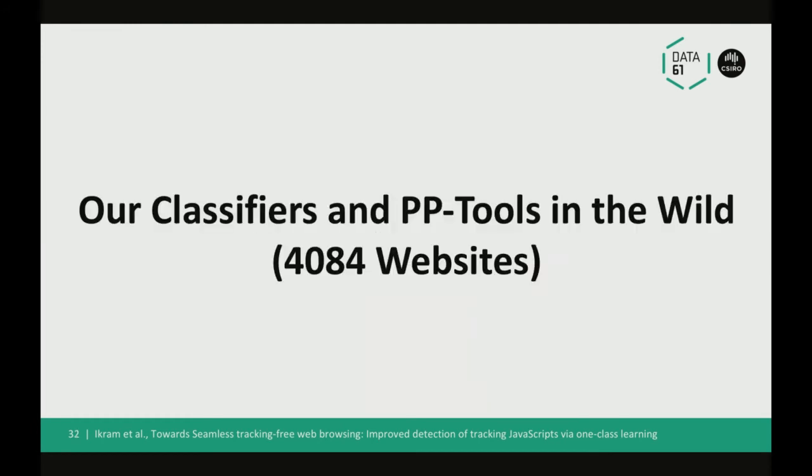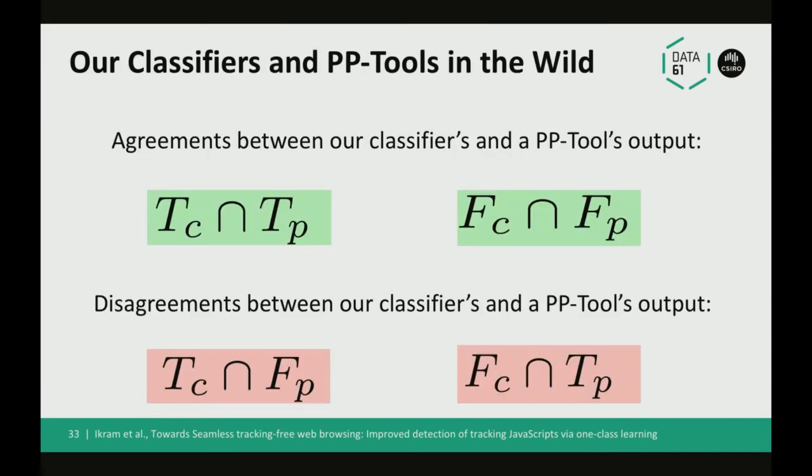Let's apply our classifier on the wild data set. Since we don't have ground truth for the whole wild data set, we look into the dissimilarity between our classifier output and that of the privacy preserving tool. We mark the agreement between our classifier output and that of the privacy preserving tool in green.